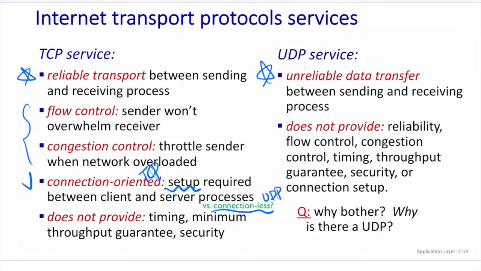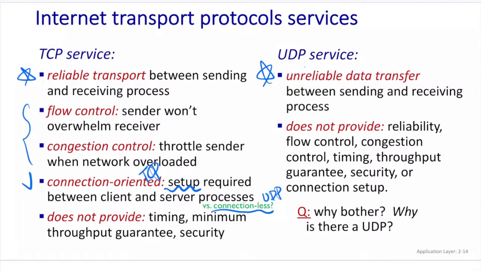Okay, the next part is timing and throughput guarantee. As we mentioned before, because we use packet switching, the delay is not guaranteed. So timing and minimum throughput guarantees are not provided by TCP and also not by UDP, because the underlying infrastructure cannot provide such services.